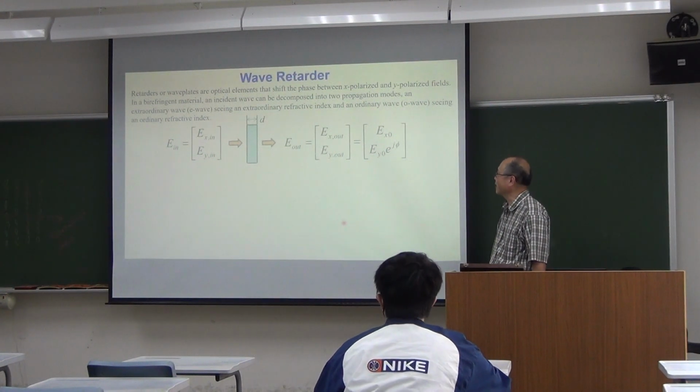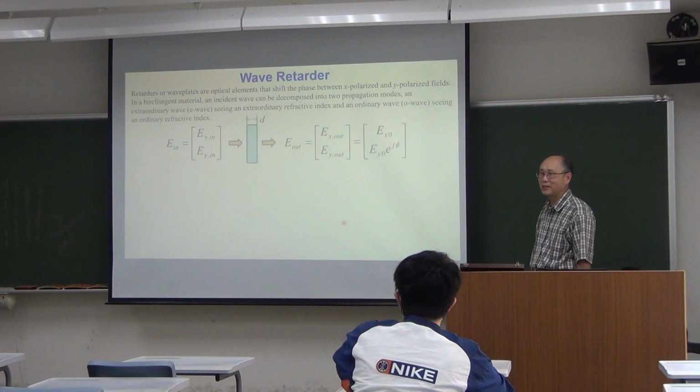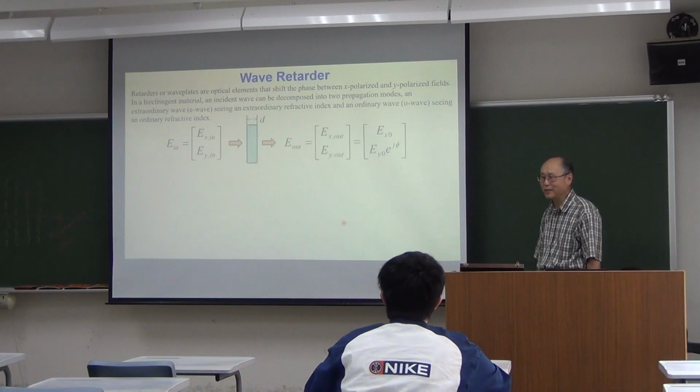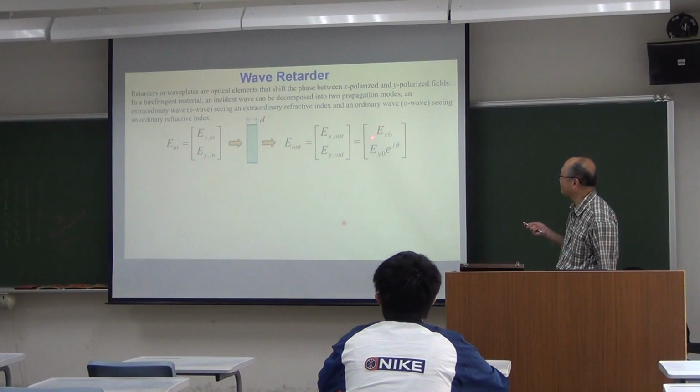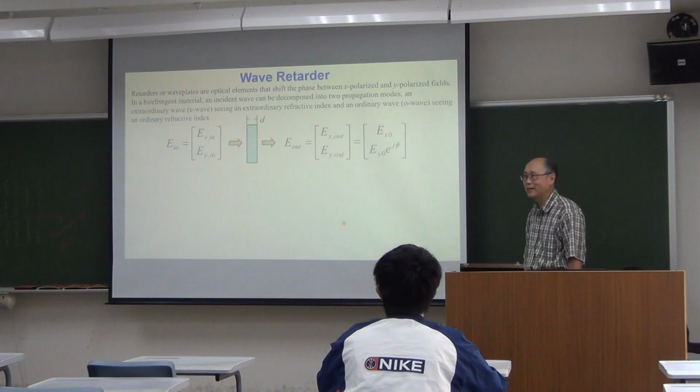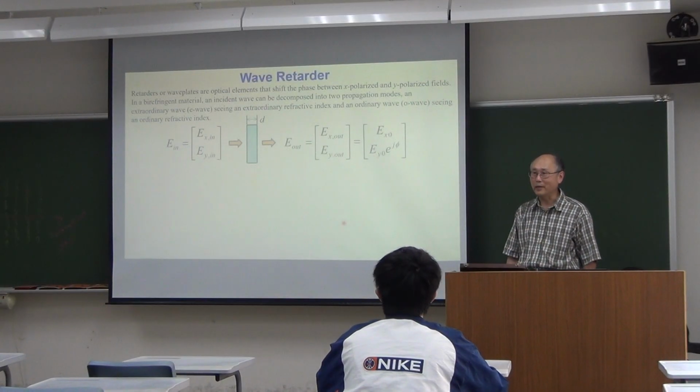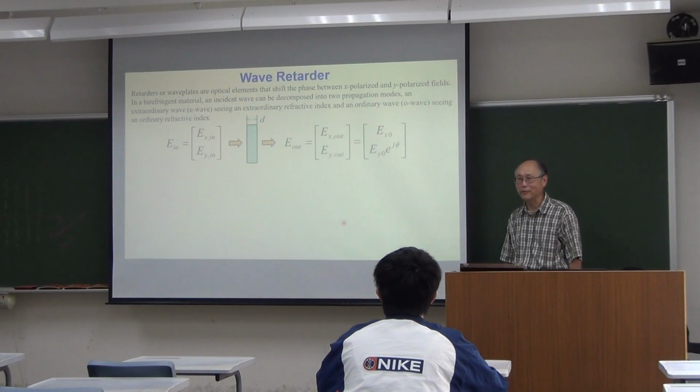So we understood that if you want to manipulate the polarization state of the light, we need to be able to control the amplitude and also the phase. Imagine that you have some optical elements that can control the amplitude and also the phase. Then you'll be able to manipulate the polarization state of the light.